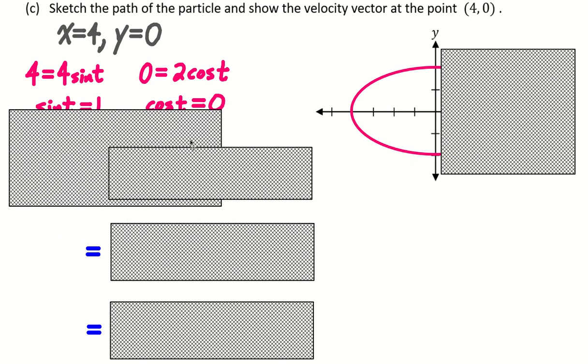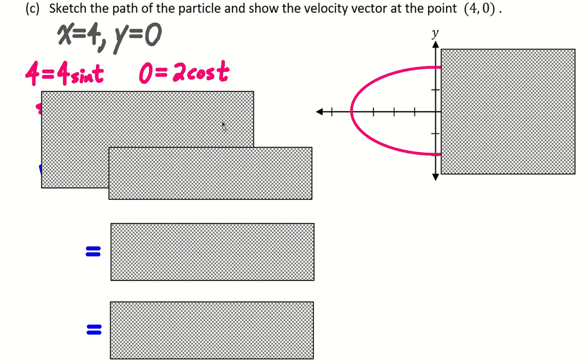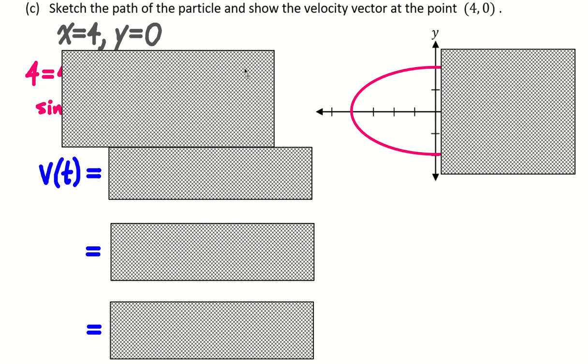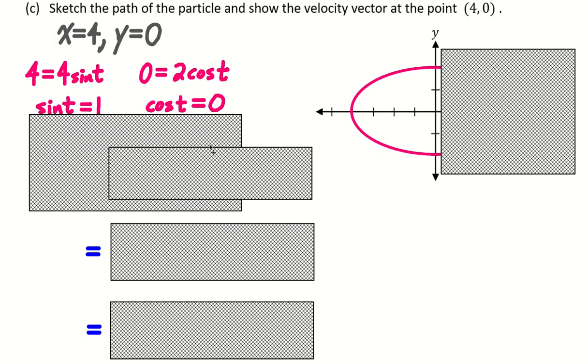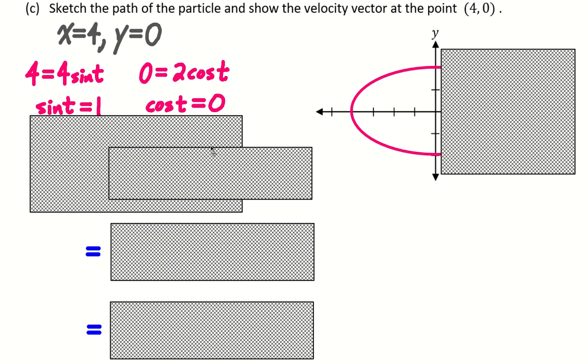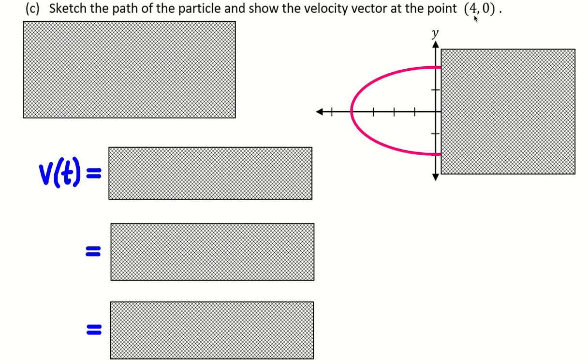I don't think we even care about that in this. Your time value would be pi over 2, because the sine of t equals 1 at the sine of pi over 2. So all that shows is when you'd be at that position, but I don't think we even care about that right now.